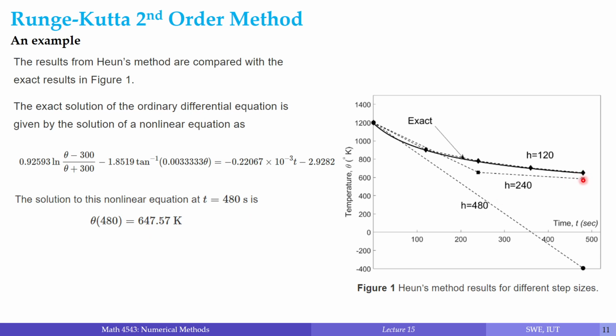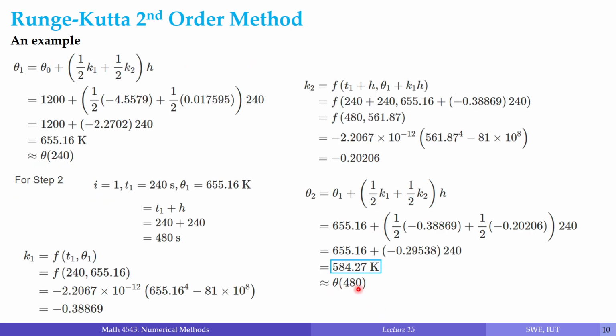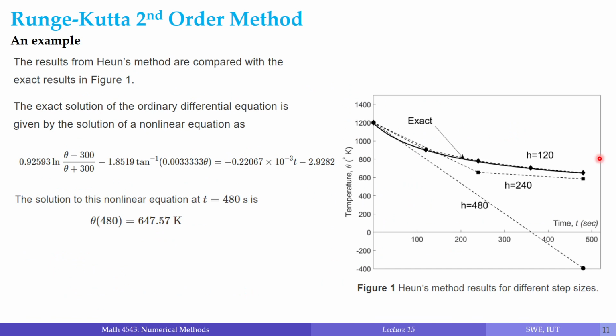So see over here, while taking step size as 240, we have ended up with this point over here, whereas the exact value is something more than 600, right? So whatever we did was somewhat good or not that good. Of course, it depends on your benchmark, right?